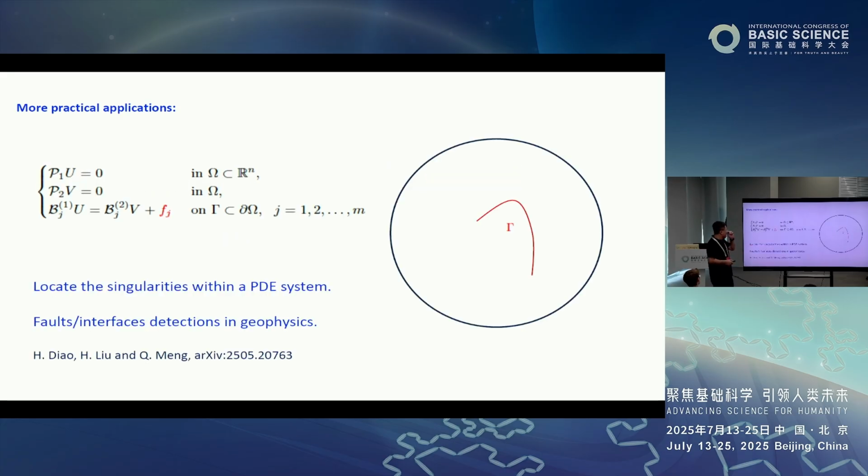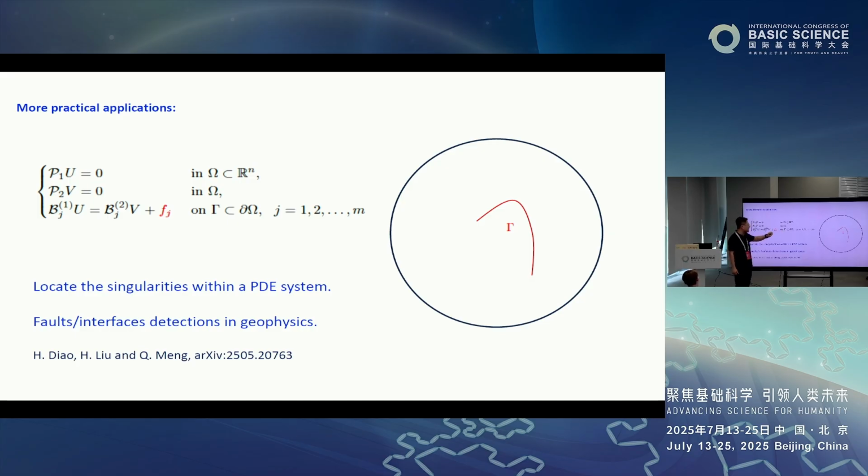Okay. And in addition to this, you can also consider some more practical applications. Exactly, we have a source attached to coupled boundary conditions that correspond to this PDE, which develops some singularities across some surface.